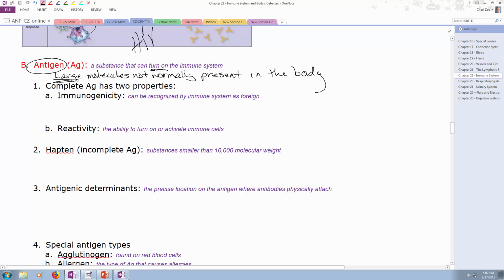foreign materials. In order for an antigen to be considered a complete antigen, which will create the response that we desire, we state that it has immunogenicity. So in other words, it's recognizable.